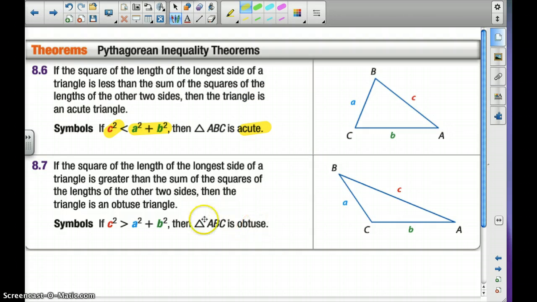And what if the length of the longest side, I like how they say that, the length of the longest side, is greater than the sum of the squares of the two other sides? Then we can say it is obtuse. So make sure you write this in your packet. And we'll use these theorems.